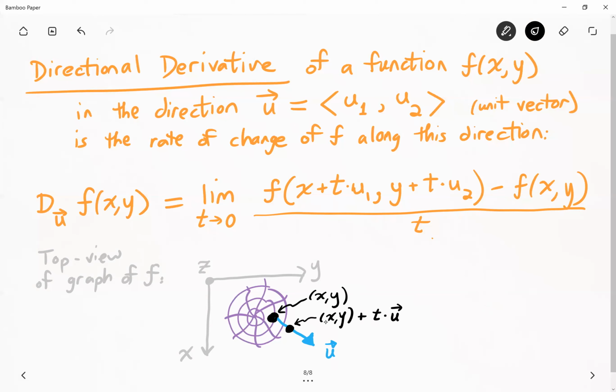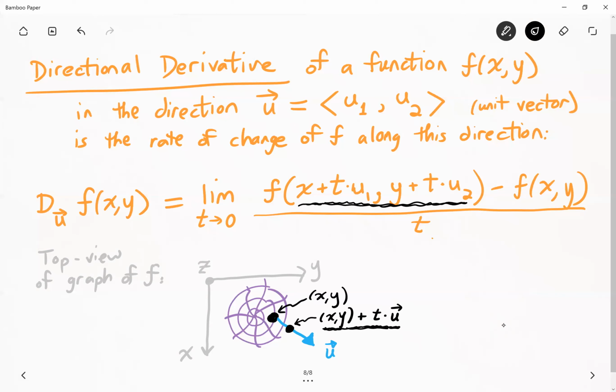So as t gets smaller, this point here is moving closer and closer to that point there. And this expression, this xy plus t times the vector u, right? What is that? That exactly matches this expression right here.